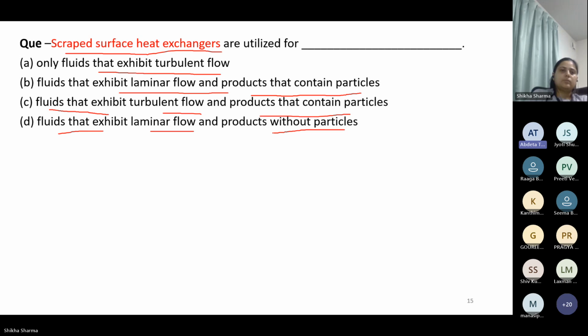Option B. We got option B. Any different opinion? Ma'am, option C.